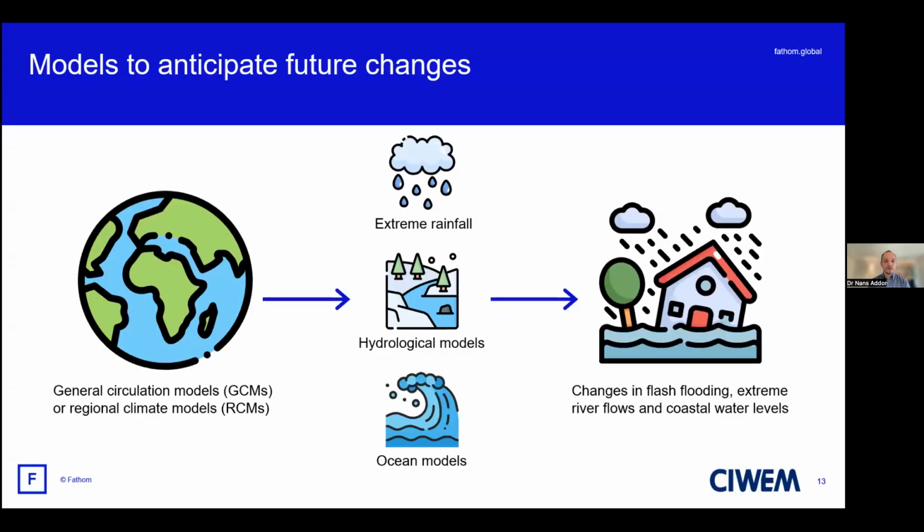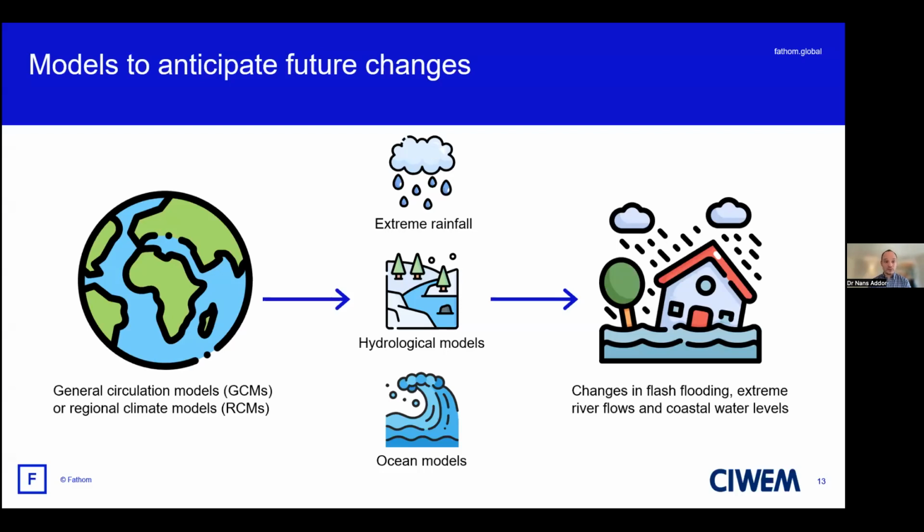So the starting point for studies looking at anticipating future changes is typically a climate model. And these climate models come in two main flavors. We have general circulation models, often also called global climate models, GCMs. And these models are run at pretty coarse resolution and they cover the whole globe.